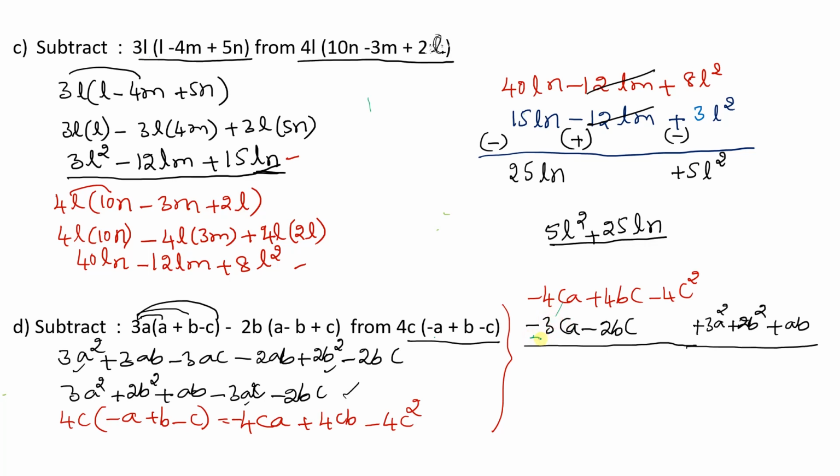So it is plus, and this is minus, minus. So minus 4ca and plus 3ca will give you minus 3ac. Just check once. Let me check.